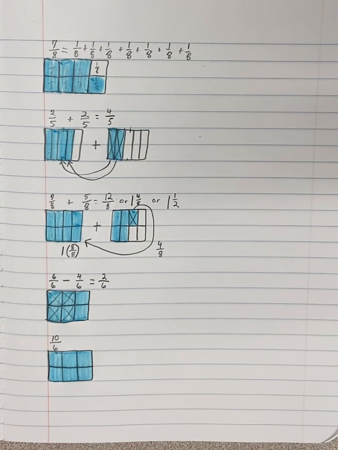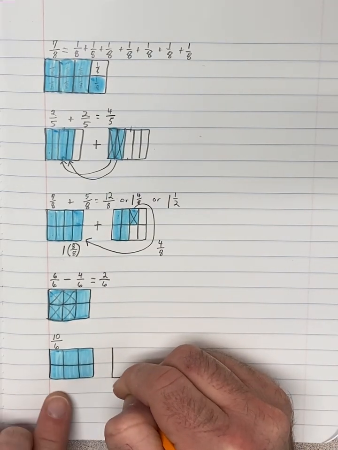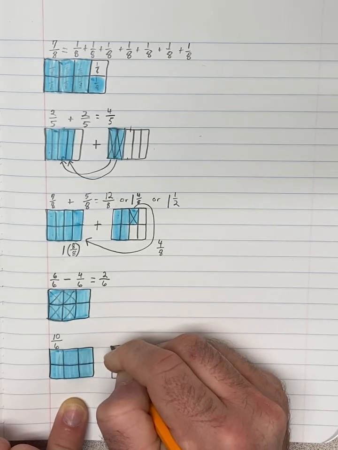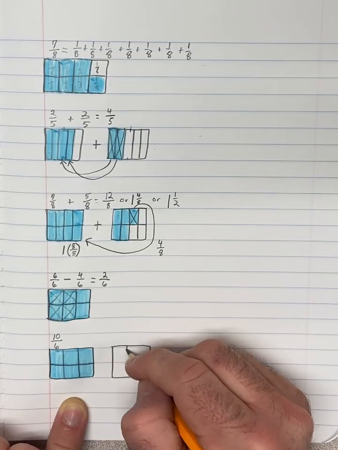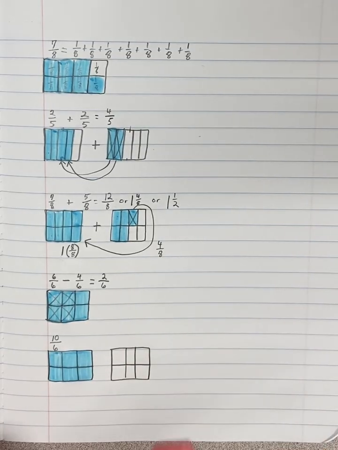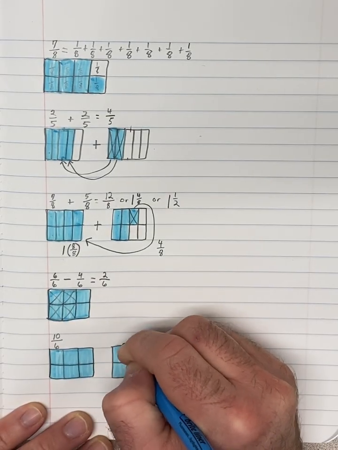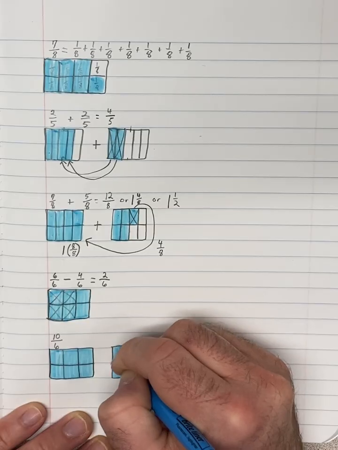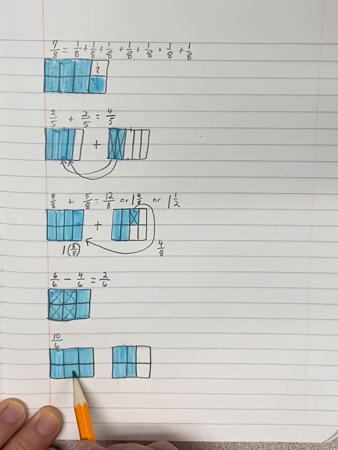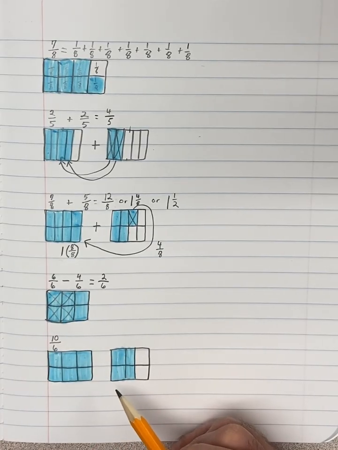But I need one more model drawn because I've only shaded in 6 parts. I need to shade in 10/6. So I'm going to draw a second model and shade in 4 of these. I now have 1, 2, 3, 4, 5, 6, 7, 8, 9, 10/6 shaded in.